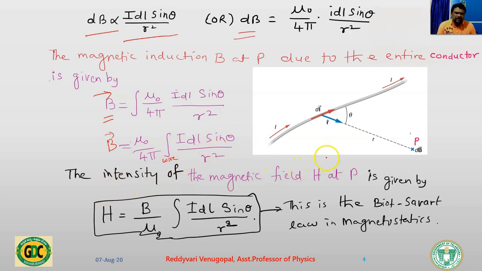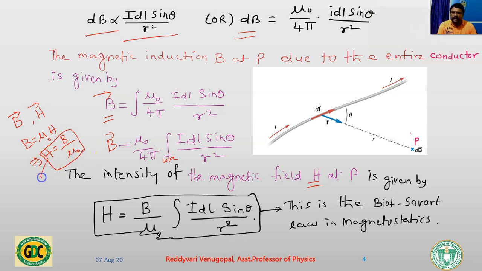So the intensity of the magnetic field H, you know already, if magnetic field induction at point P is B bar and intensity of the magnetic field is H, then there is a relation between these two. That relation is B is equal to mu naught H. Therefore, H is equal to B by mu naught. This is in free space.